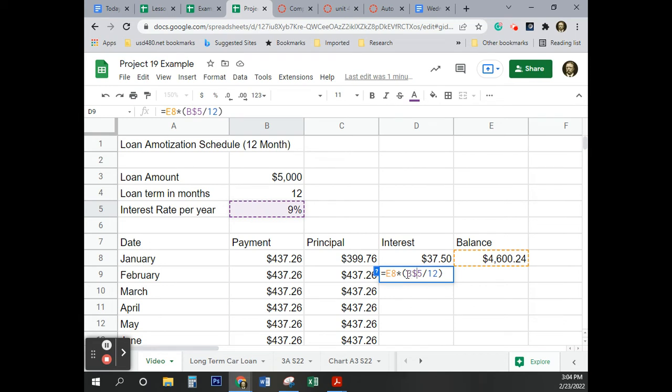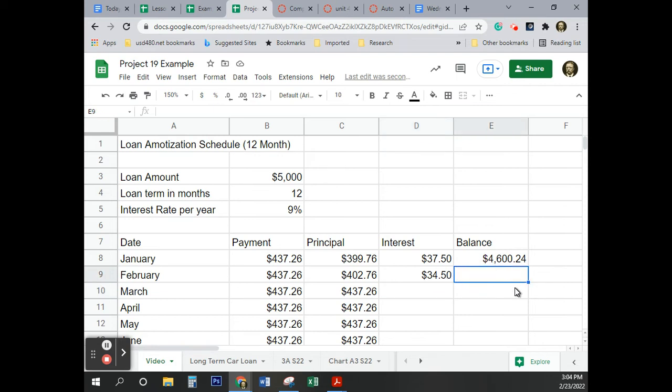Now, we're not putting it before a B because, frankly, we're not filling sideways. You're only filling up and down, and it's just unnecessary. Enter. Okay, so this time we paid $34.50 in interest, or for the money we borrowed, and $402.76 went towards the balance. Okay, and so the reason we paid less in interest is because we actually have less money that we owe right here.